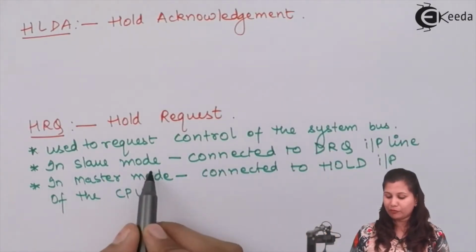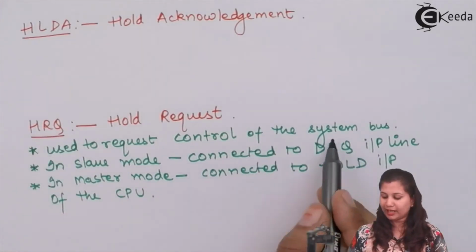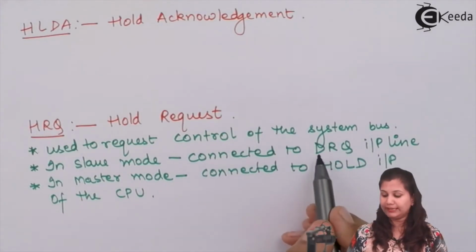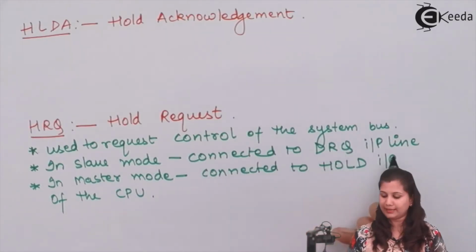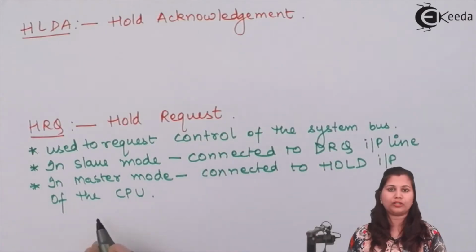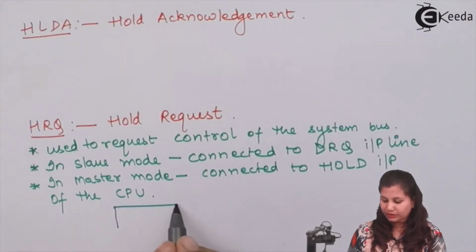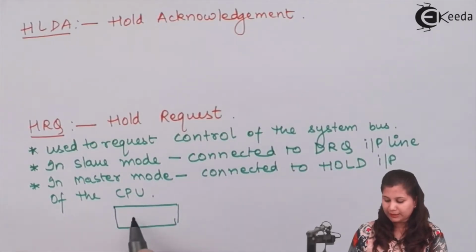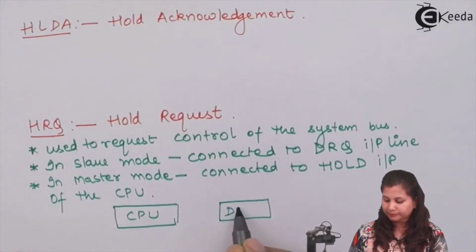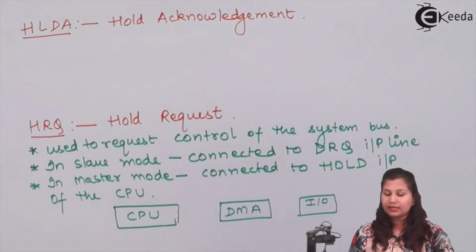In the slave mode, this HRQ signal is connected to the DRQ input line, which is the DMA request input line. And in master mode, it is connected to the hold input of the CPU. If we draw the diagram, here we have the CPU, then the DMA, and this is our input output device which wants to communicate with the CPU.